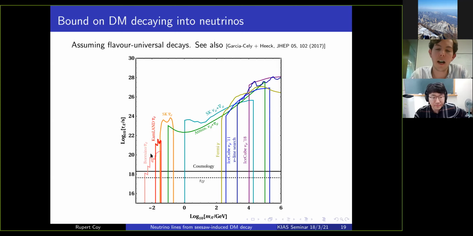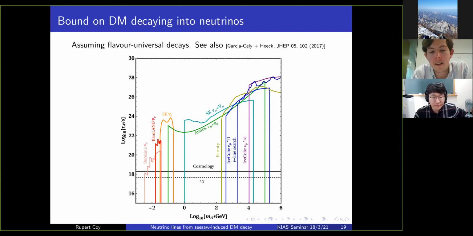Then at low dark matter masses, you have these Borexino, KamLAND, and Super-K nu bar E bounds. You have an ingoing electron antineutrino, and you have an inverse beta decay: nu E bar plus proton goes to neutron plus positron.